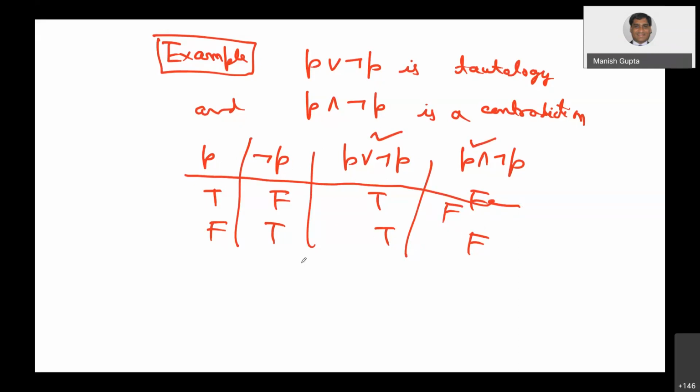Now we are ready for logical equivalences. How do we show that?